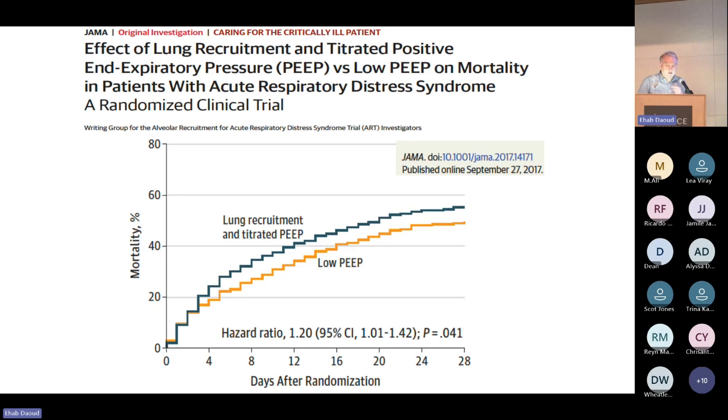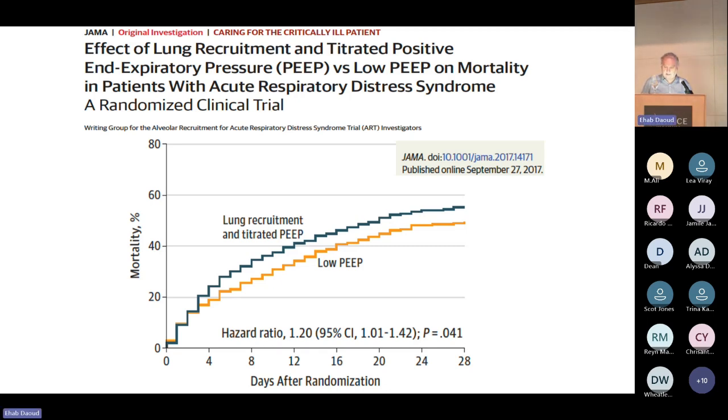That was sad for the patients, sad for the study, but also put a kibosh on other thoughts about recruitment, including the VILI study, which was stopped basically on the basis of the finding here that harm was to be done.